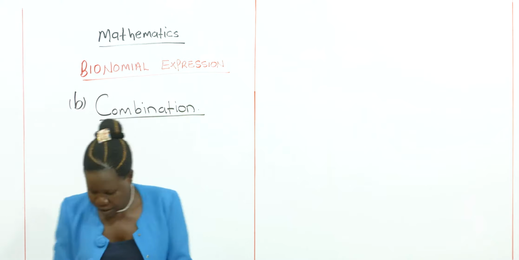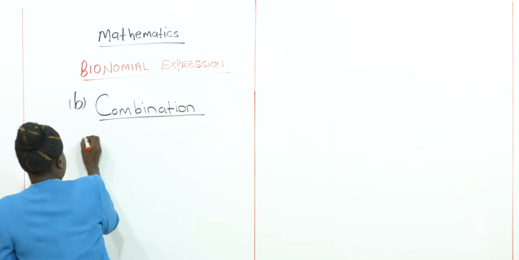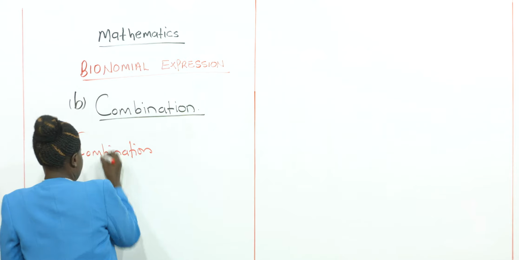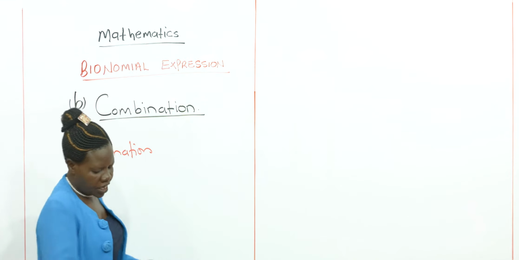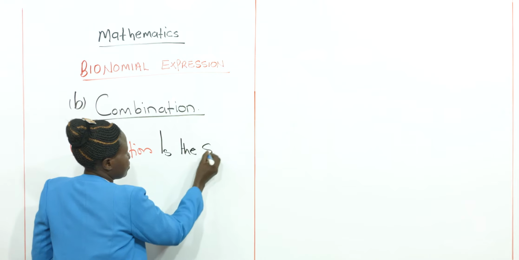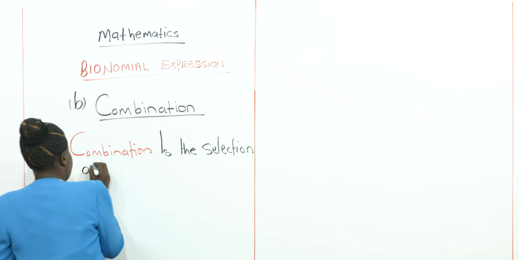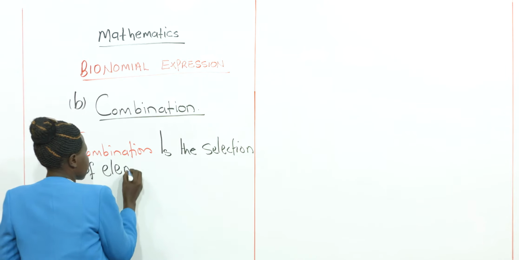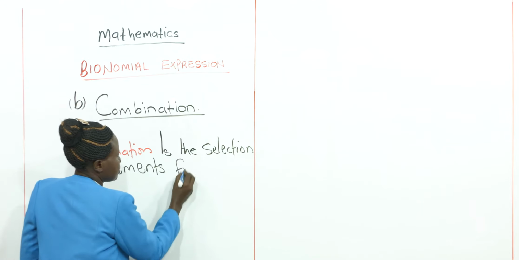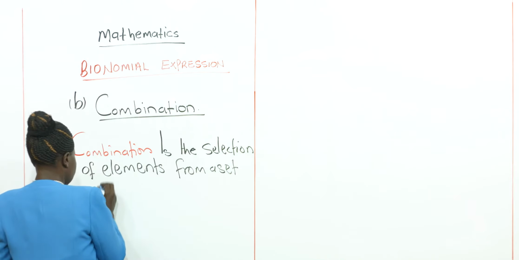So let us write. Combination is the selection of elements from a set without considering the order.